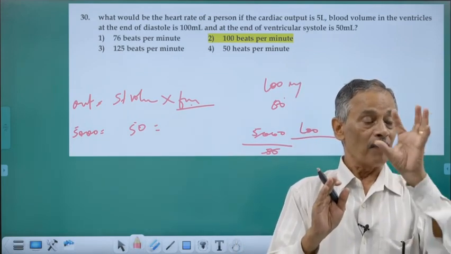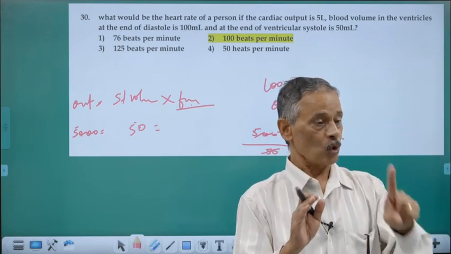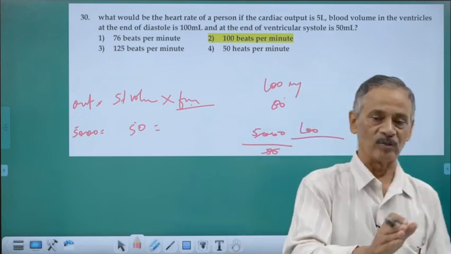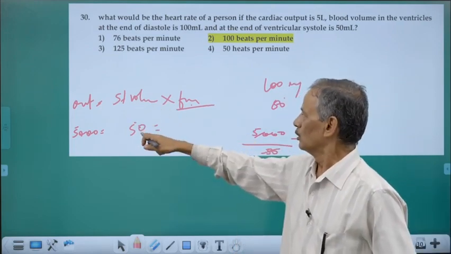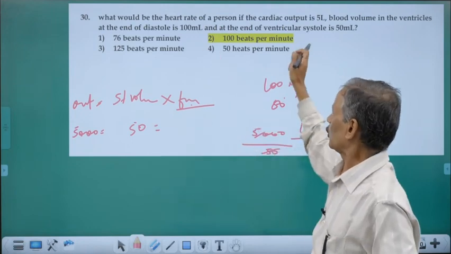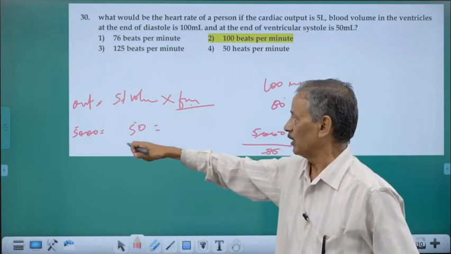The amount of blood pumped from one ventricle in one stroke, that is stroke volume, multiplied into frequency. Stroke volume is 50 ml, that we calculated, and we are getting the cardiac output 5000.